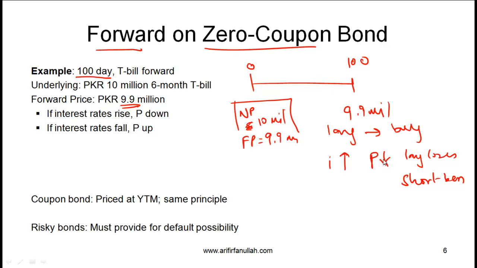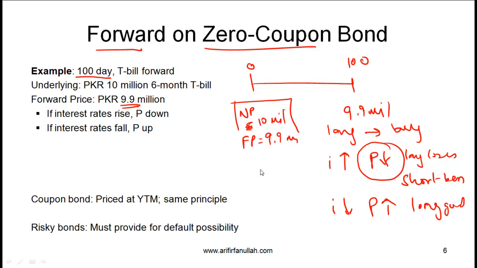So again, this is typical when price goes down. For any forward contract, here the underlying is the bond. If the price of the bond goes down, that's bad for the long and good for the short. On the other hand, if the interest rate goes down, then the price of the bond will go up, which is good for the long and bad for the short.